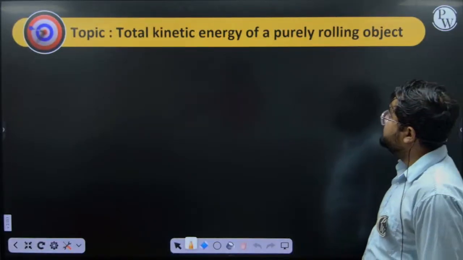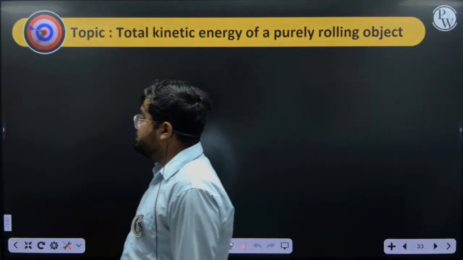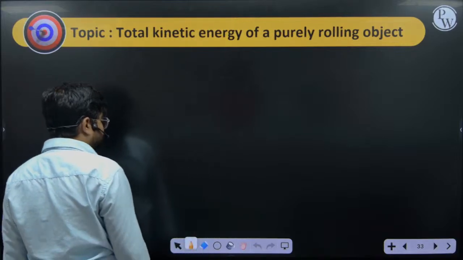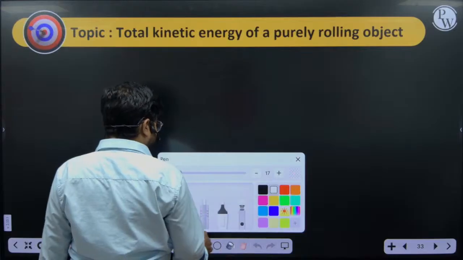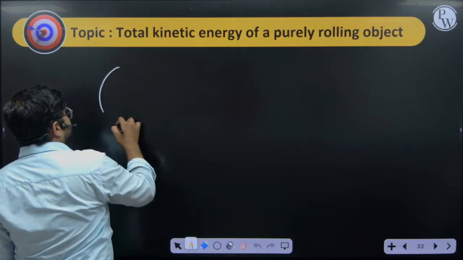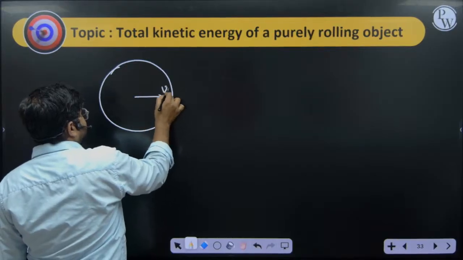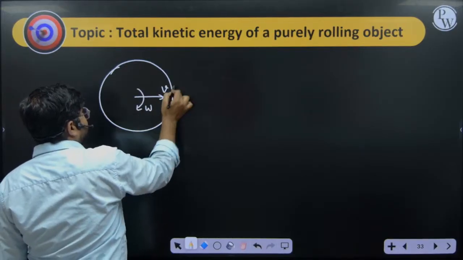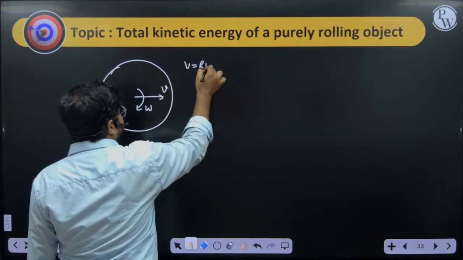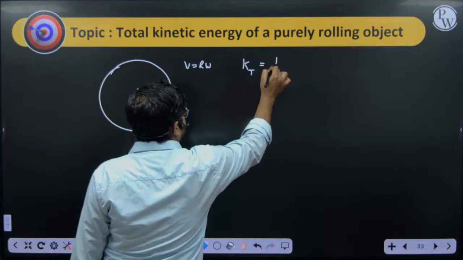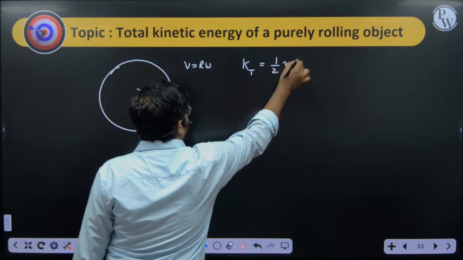All right. Now let us try to write the total kinetic energy of that purely rolling object. If an object is doing pure rolling, v equal to R omega, then its translational kinetic energy is written as half mv square.